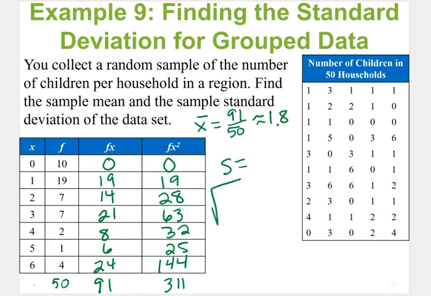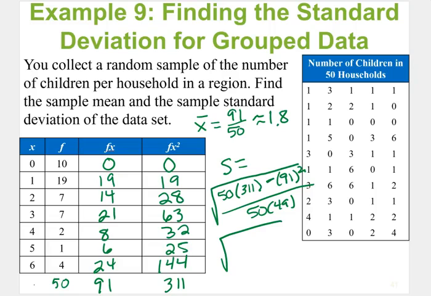All right, so I would go to my formula. Right, so here is the standard deviation formula. You take your n, which is 50, and you multiply that by this number, the sum of the fx squareds, which is 311, and then you're going to subtract the sum of the fx's squared, and then you're going to divide that by 50 times 49.